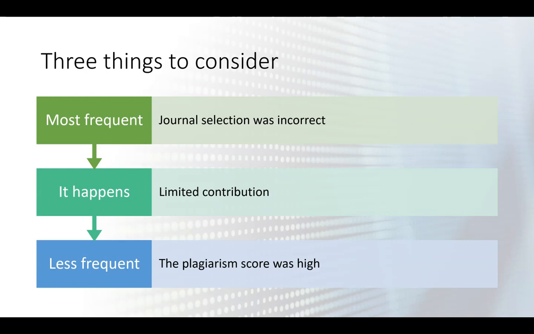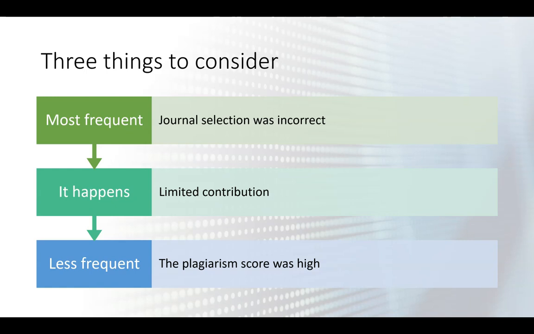The one that has caused some, I would not say a lot, but some of the papers that I have submitted to come back as desk rejected, is because the journal that I have chosen was not appropriate for that paper. And we have to be very careful because this is a very important part of the publication process.